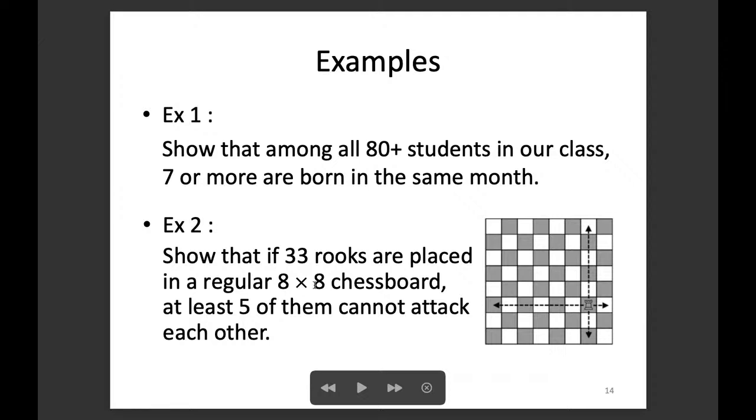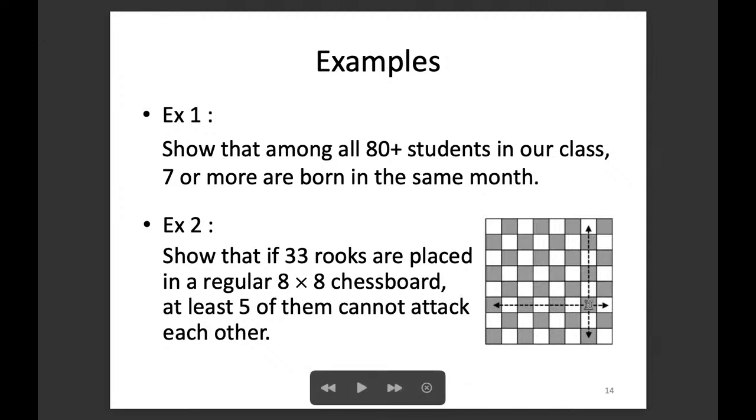Now, the other example here is to consider a standard chessboard. There are 64 squares, but we are not doing something standard: we are putting a lot of rooks. A rook is a piece that, once you put it on a certain square, can attack any square on the same row and any square on the same column that it sees.